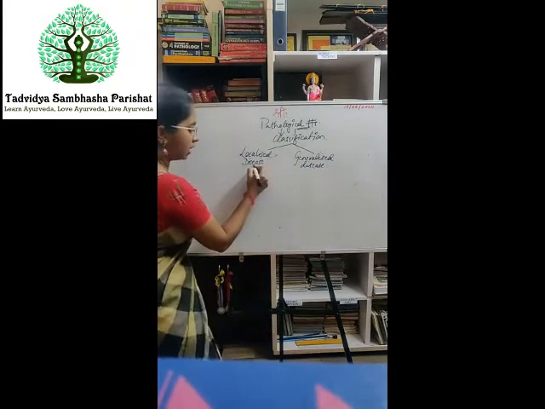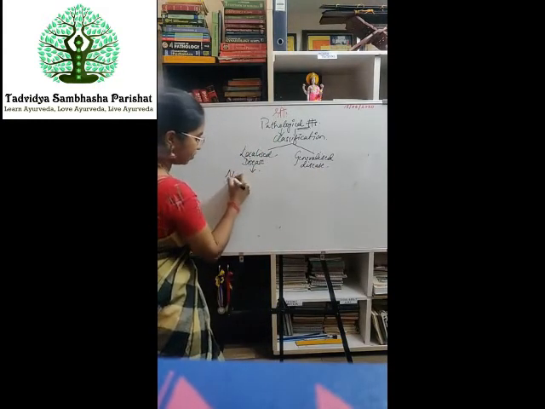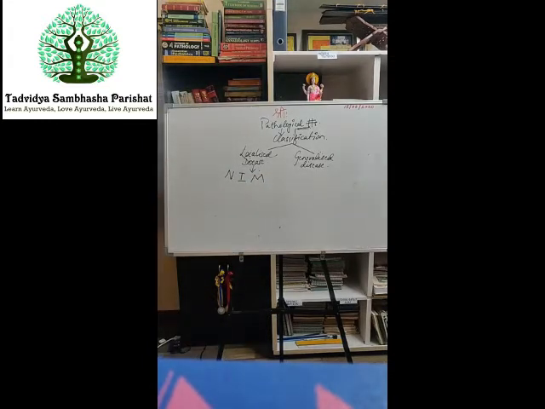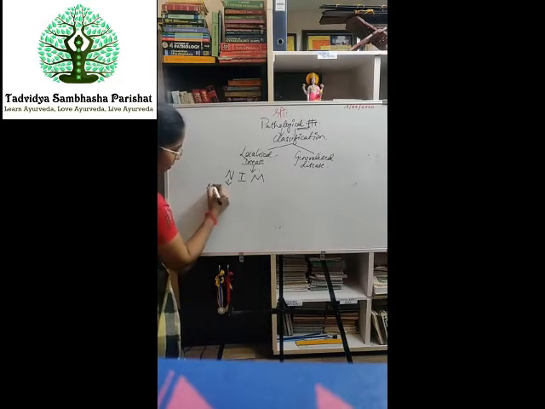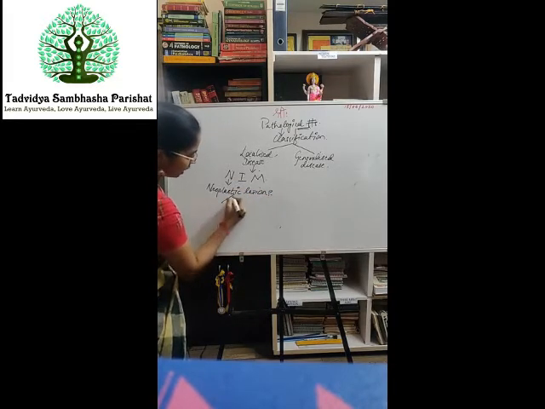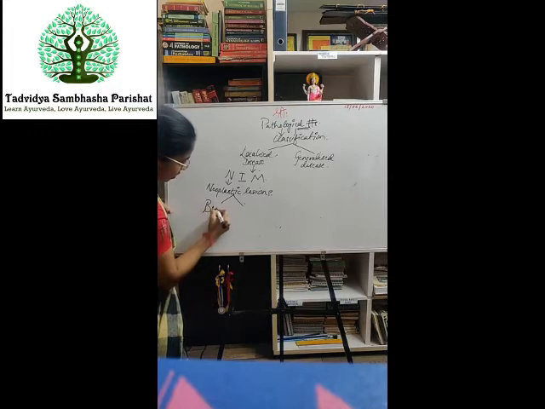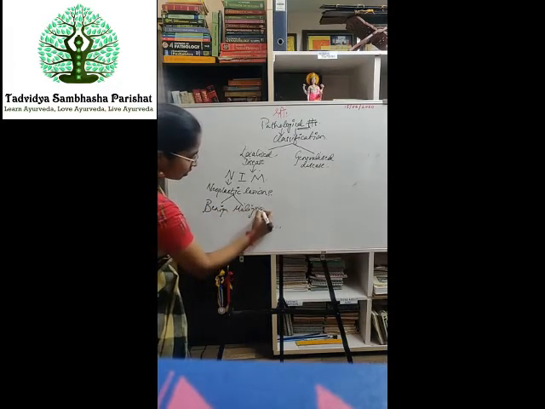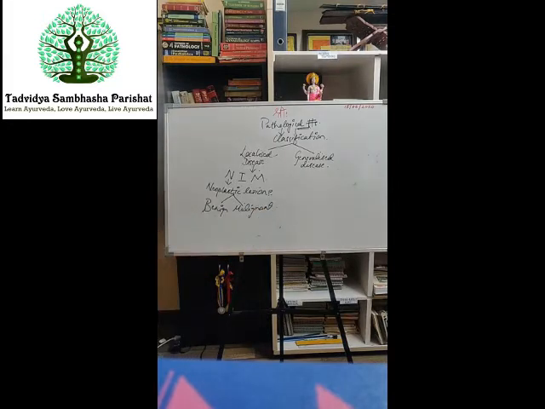Under localized disease, the mnemonic is NIM. What does NIM stand for? N stands for neoplastic lesions. Under that you have benign and malignant. So under the classification of fractures, the first is that because of localized disease pathologies.